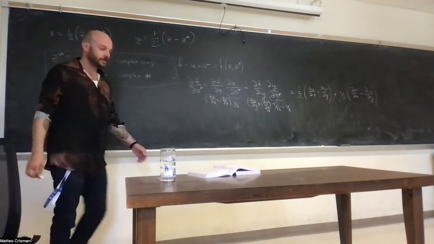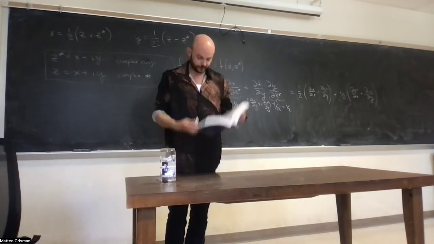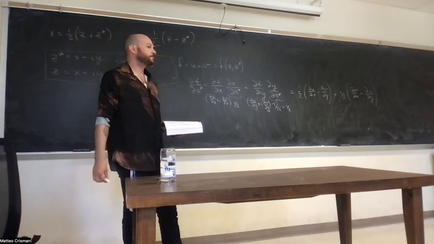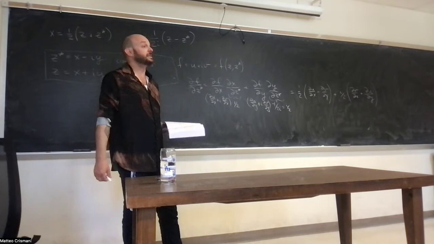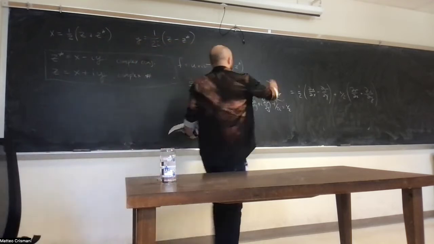Okay. Wait, so going back to this. All right. If the Cauchy-Riemann equations are correct, then this should equal 0. Not should equal 0. It does equal 0. Right? So what is the implication?